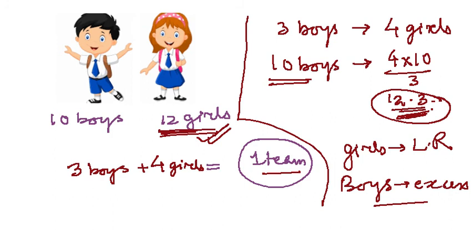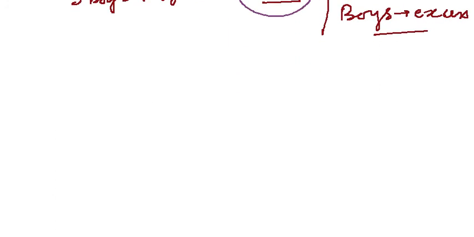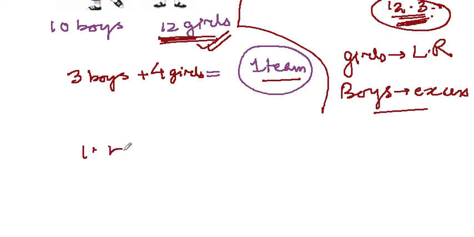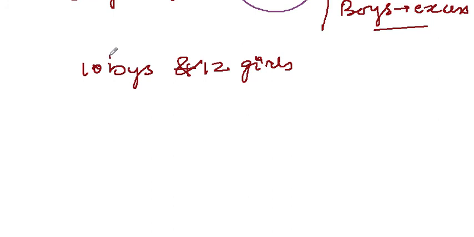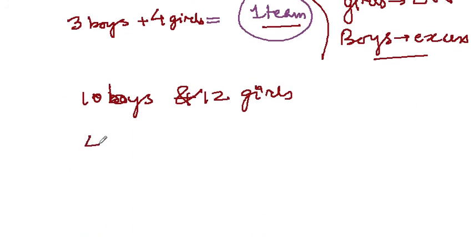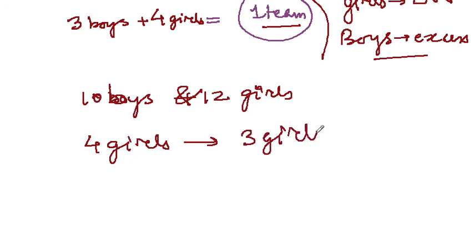Okay, so if we would have looked at this question the other way around, let's say we had 10 boys and 12 girls. So if in one team there were 4 girls that were playing with 3 boys in a team.